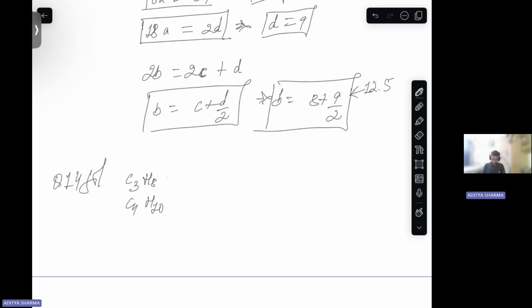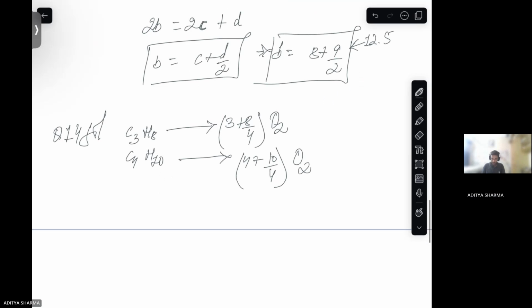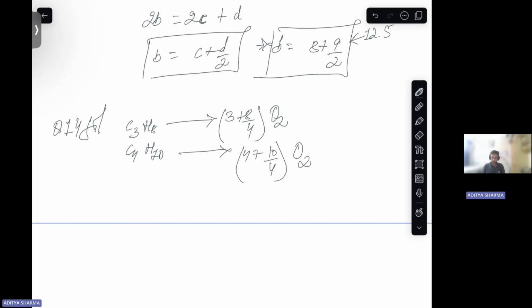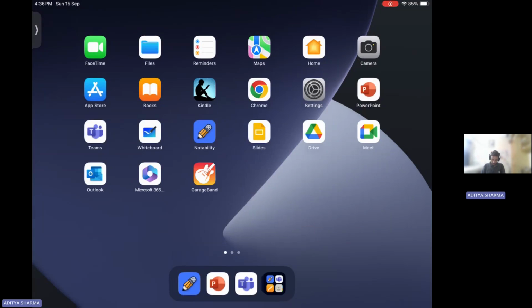To combust these, we will require 3 plus 8 by 4 of O2, and for this we will require 4 plus 10 by 4 of O2. Okay. Using this information, we will solve this. Then it is also given that this is 1.15.